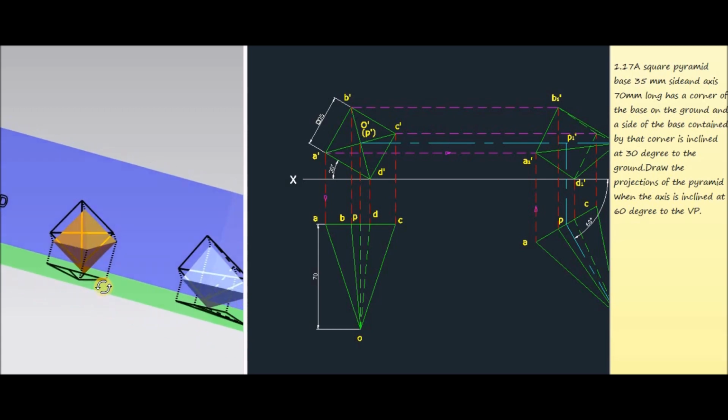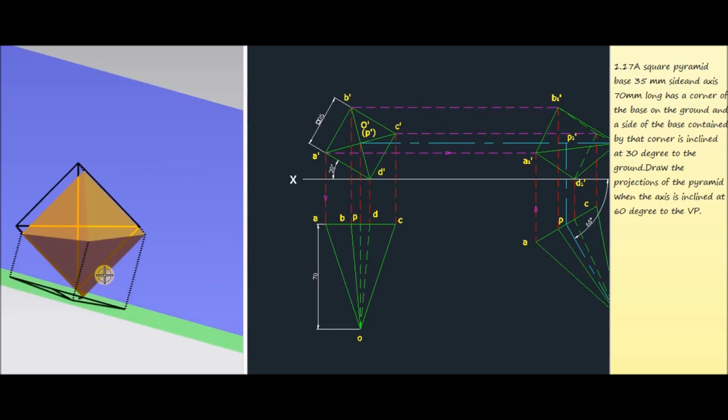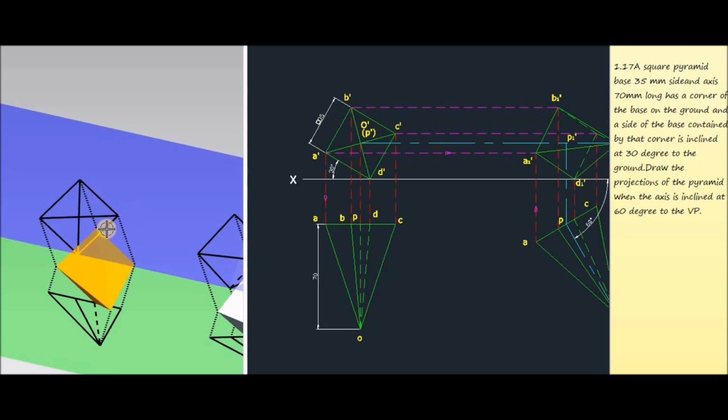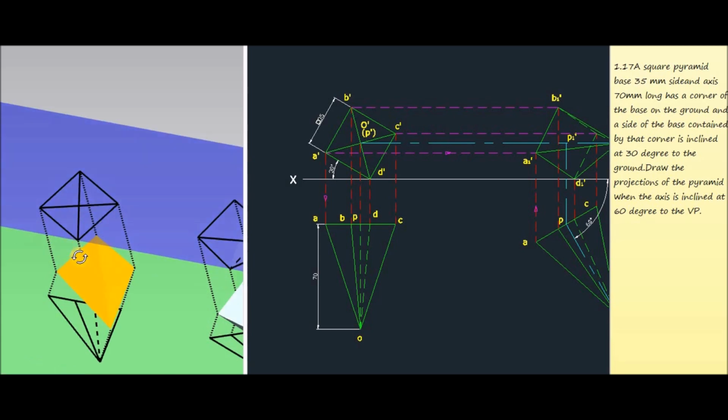And here, for getting the front view, we are observing the square pyramid from the front side, then project all the base corners to the vertical plane, project the vertex to the vertical plane, join all these base corners, then join base corners to the vertex.